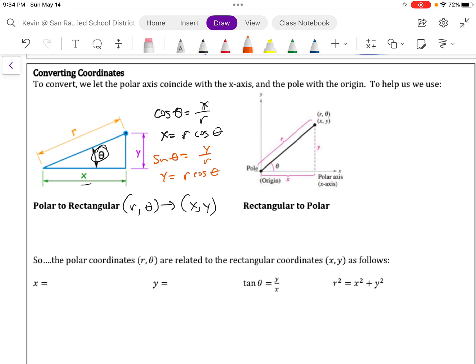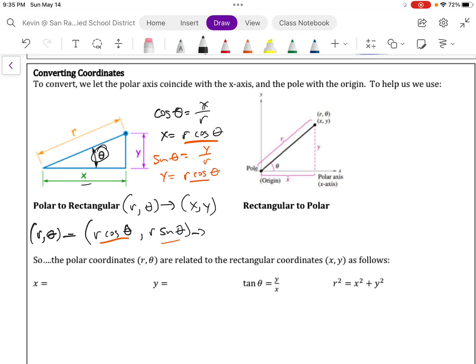So if we agree on that, then in order to convert the polar coordinates, we're going to take that r and theta that we have, and we're going to go r times the cosine of theta, because that's what x equals, and then r times the sine of theta, because that's what y equals.